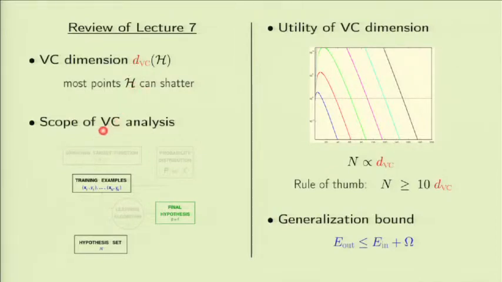So one of the important aspects of the VC analysis is the scope. The VC inequality and the generalization bound that corresponds to it describe the generalization ability of the final hypothesis you are going to pick. And it describes that in terms of the VC dimension of the hypothesis set and makes a statement that is true for all but delta of the data sets that you might get.